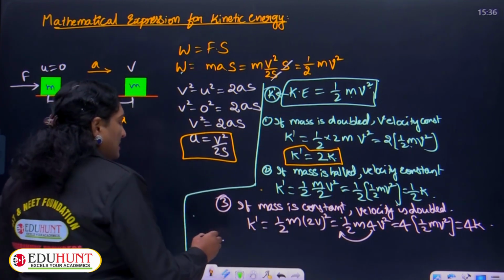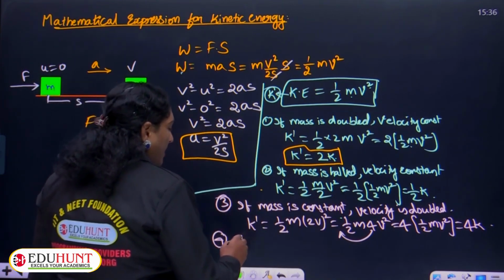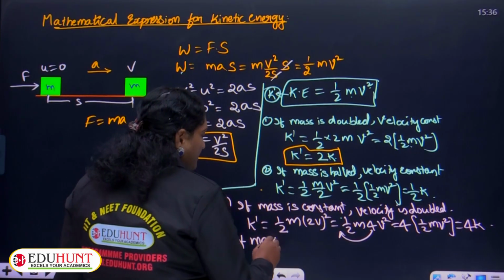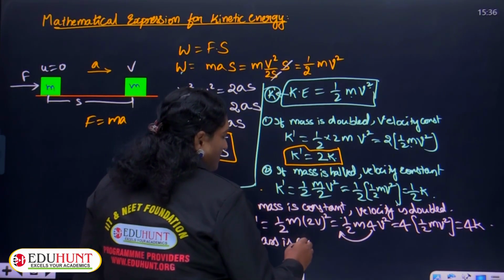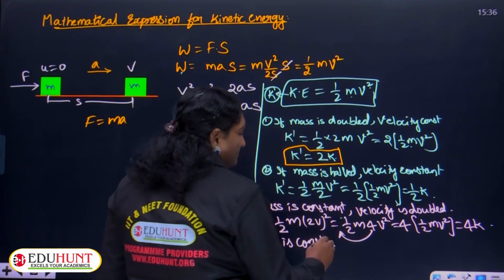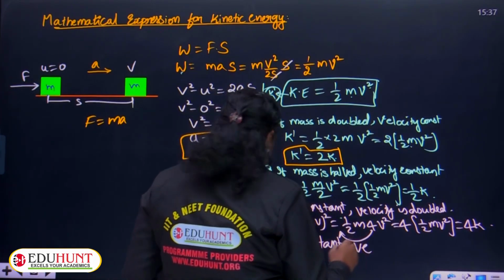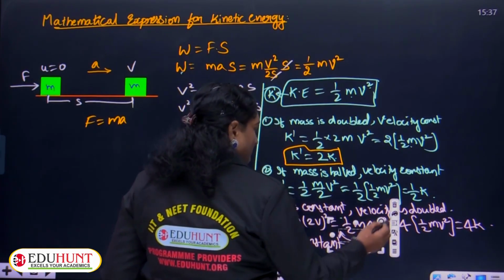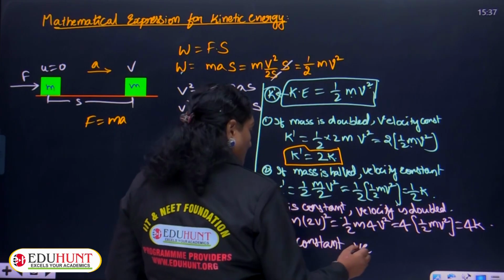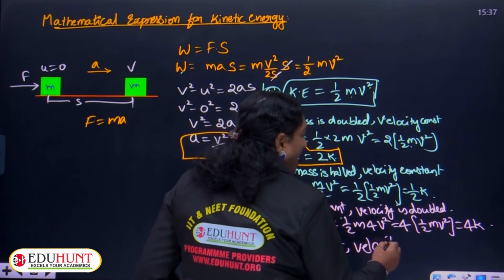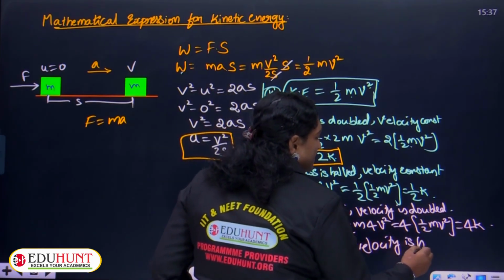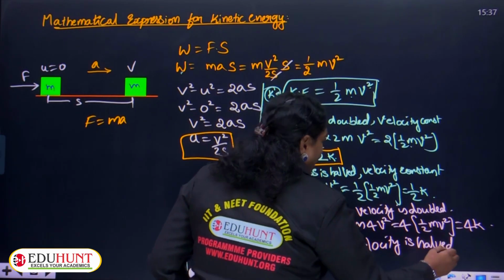Similarly, keeping the mass constant, if the velocity is halved, what happens, children?